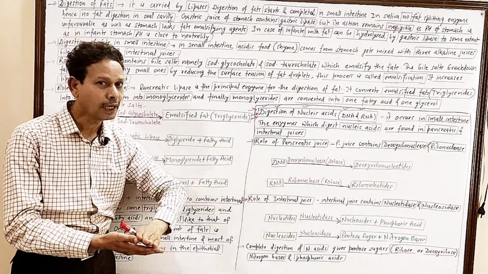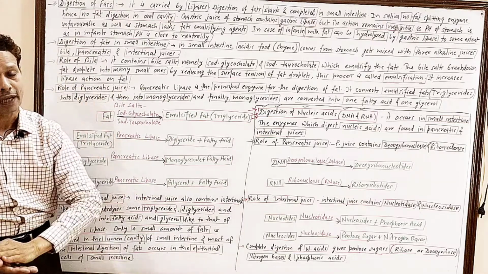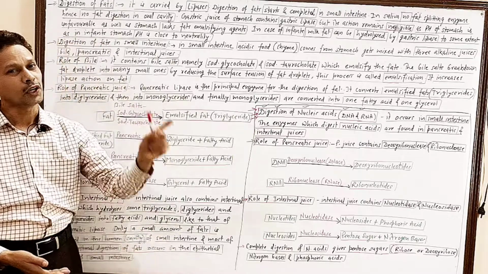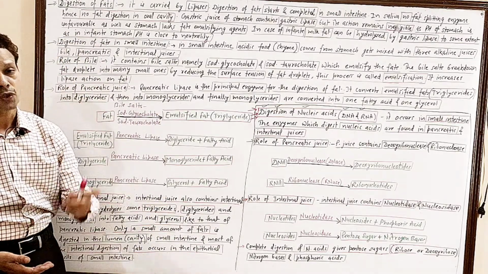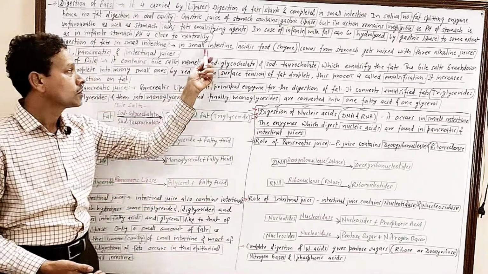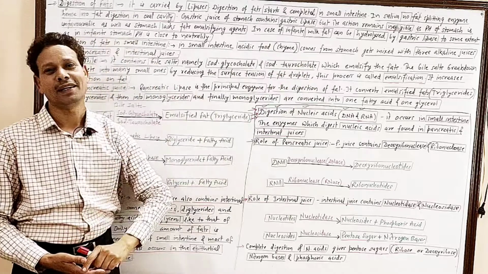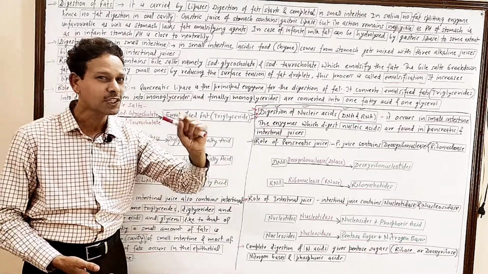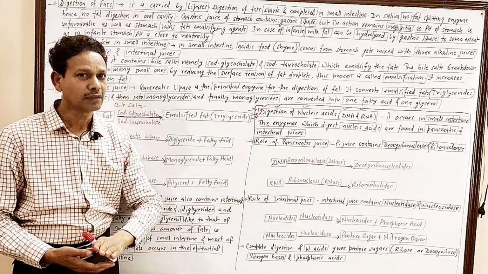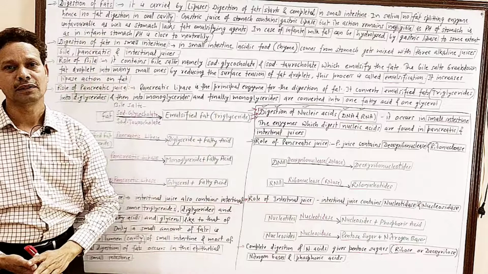Sodium bicarbonate is involved in the conversion of chyme into chyle, meaning acidic food into alkaline food, and two more important salts are sodium glycocholate and sodium taurocholate. Note down, these two important bile salts are involved in emulsification of fat.